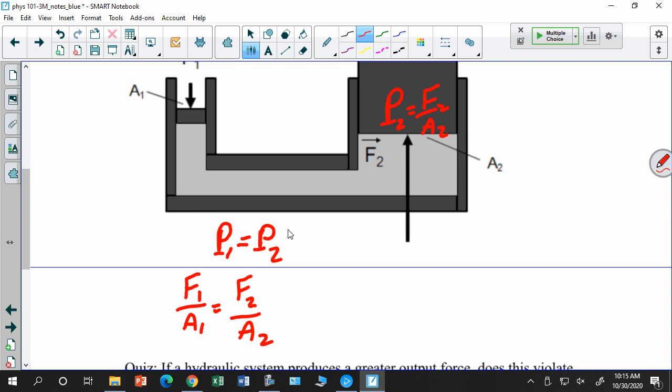And that ratio or that equation is still going to hold true. If A is big, that means that F will be big. Or if A is small, that means that F will be small as well. Okay?